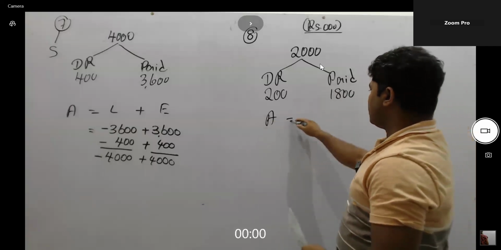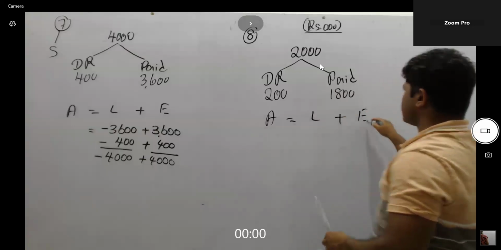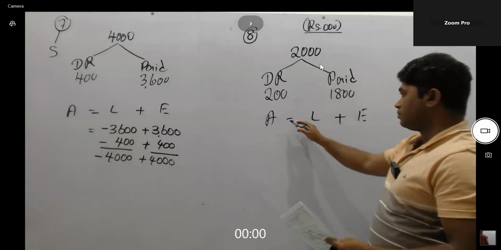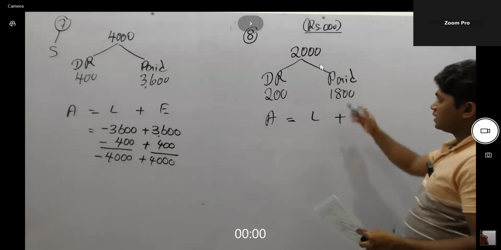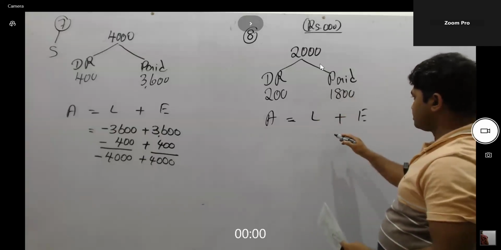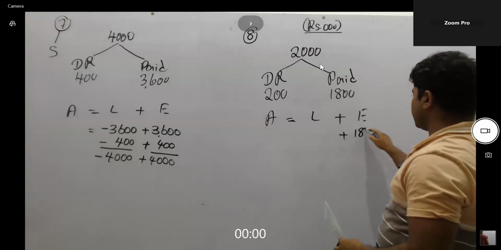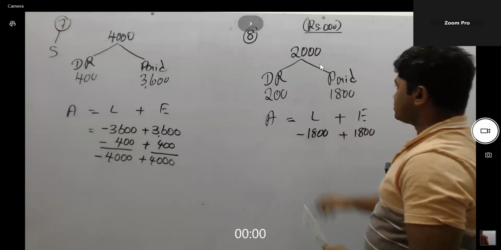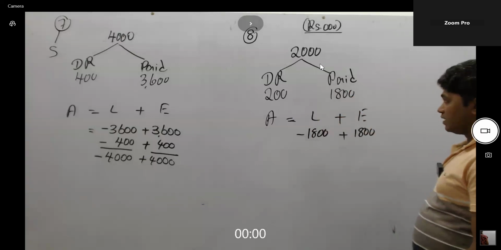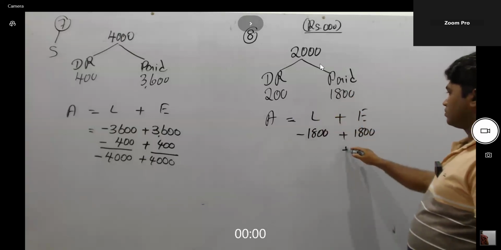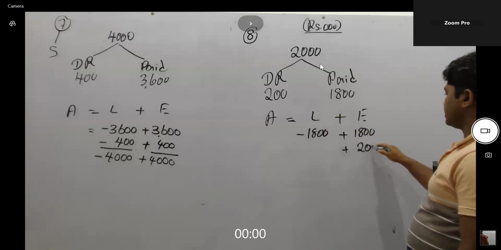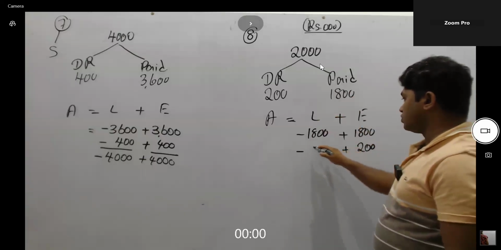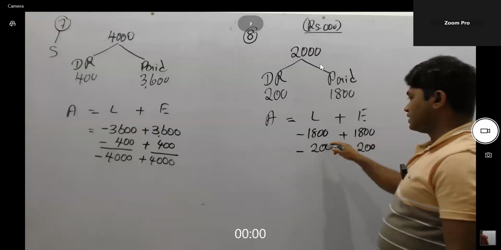Assets equal liability plus equity. First, paid for creditors by the owner 1,800 and liability decrease 1,800. And second, discount received. Income, equity increase 200, as well as discount received also affects creditor decrease.